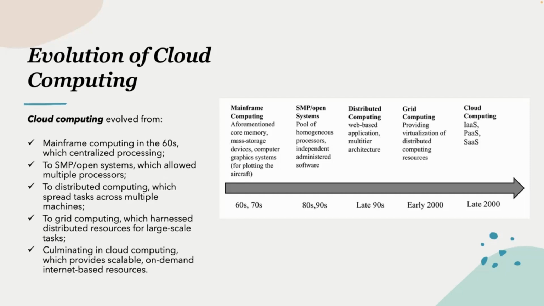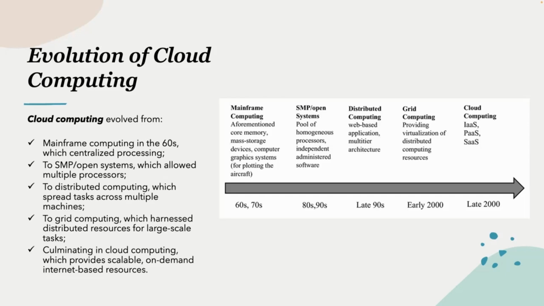And so when we look at that breakdown of the cloud computing, we can see that it started from our mainframe computing back in the 60s and then progressed into SMP open systems, which allowed for our multiple processors. And then came the birth of distributed computing, which gave the capability to spread tasks across multiple machines.